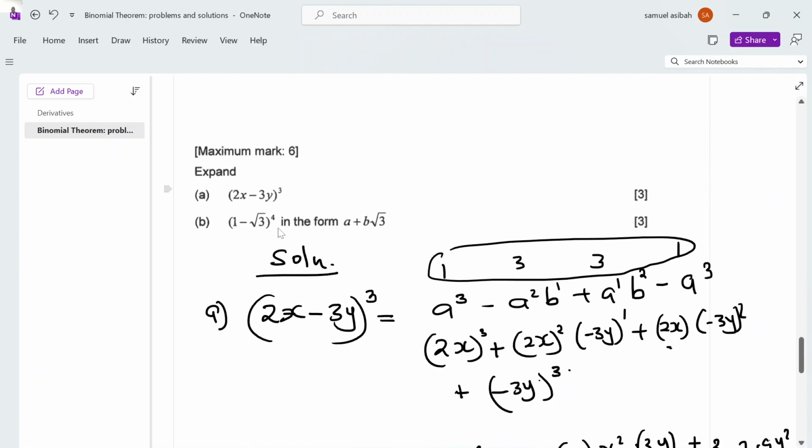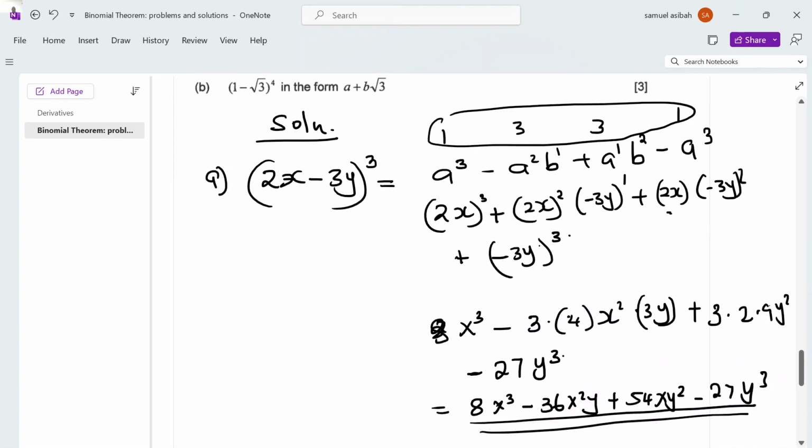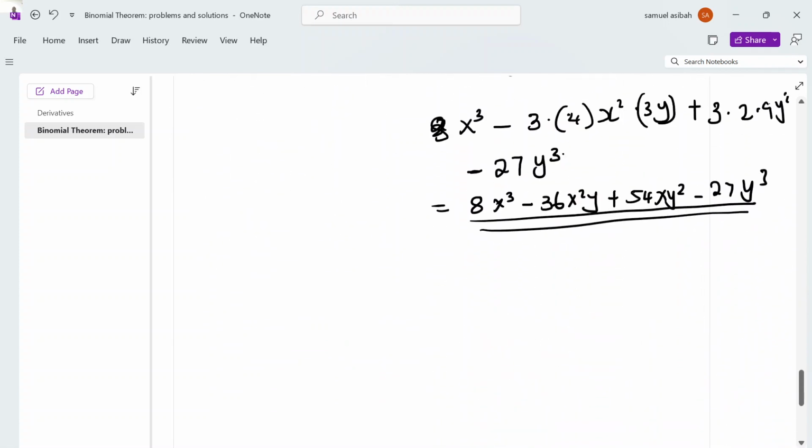Now the second one here, it is just the same thing, but then you do it differently. I'll just use a shortcut, because now we know how to expand. We have 1 minus 3 root 3, then raised to 4. Now using the shortcut, I'll just put the coefficients.